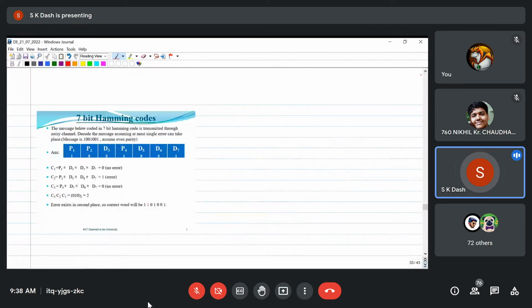The second kind of question is like this. The message below, coded in a 7-bit Hamming code, is transmitted through a noisy channel. Decode the message assuming at most a single error can take place. Assume even parity. Now it is talking about place B. In place B, you received this data 1001001.